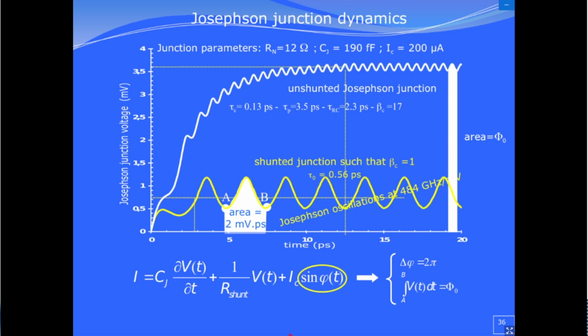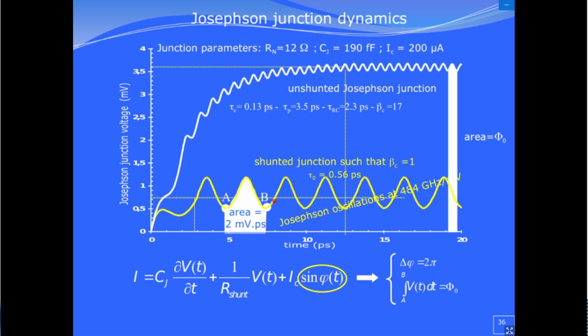And if you remember this differential equation with the sin phi, you can check just on the equation. If you change phi by 2 pi, right, you will get the same equation. But when you do that, if you change by 2 pi, you see that the voltage will change by phi naught, if you integrate the voltage from the Josephson equation.